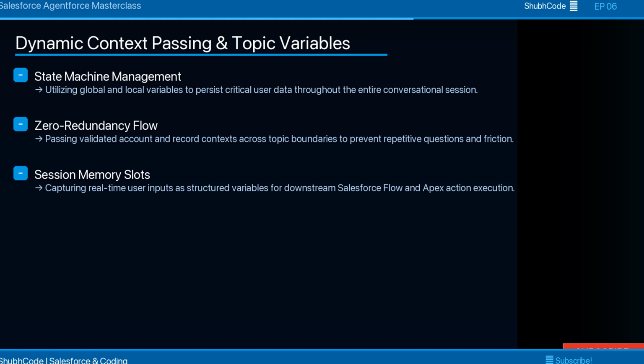This ensures that the user never has to repeat themselves, creating a cohesive and highly intelligent multi-topic experience. By masterfully configuring these data slots, you bridge the gap between static instructions and fluid, human-like conversations.